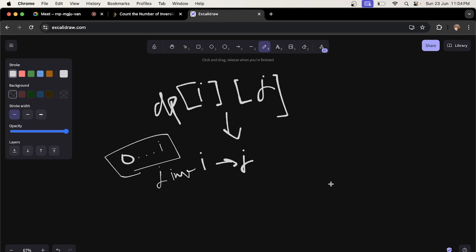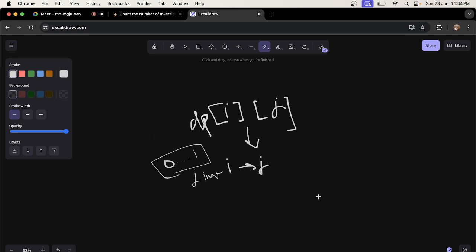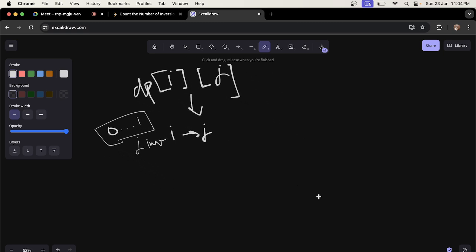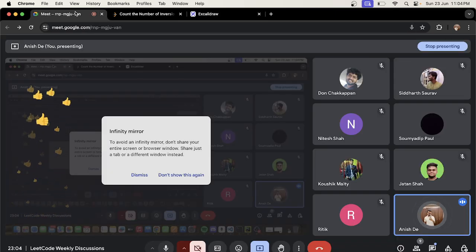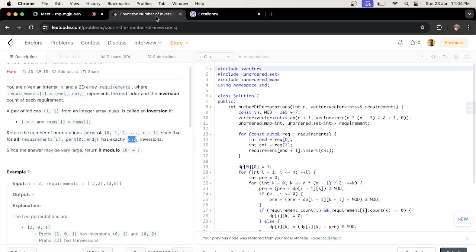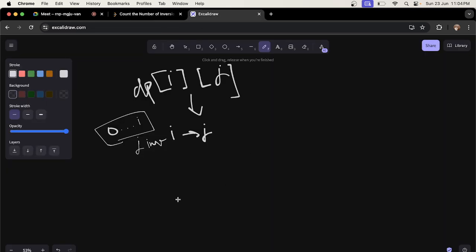Now how will the transitions be? Can anyone think of the transition? How can we make the DP transition? Anyone? Wild guess. Let's visualize how we can make the transitions.